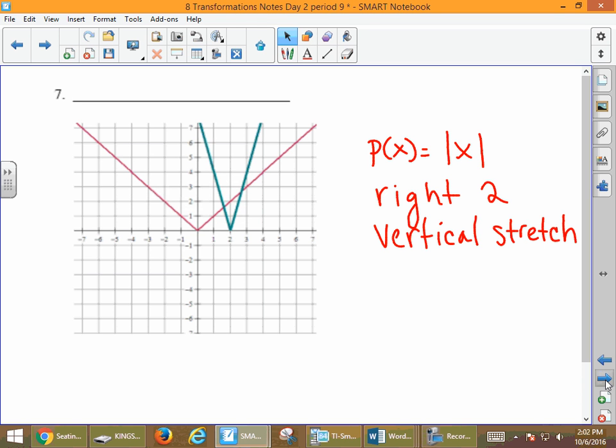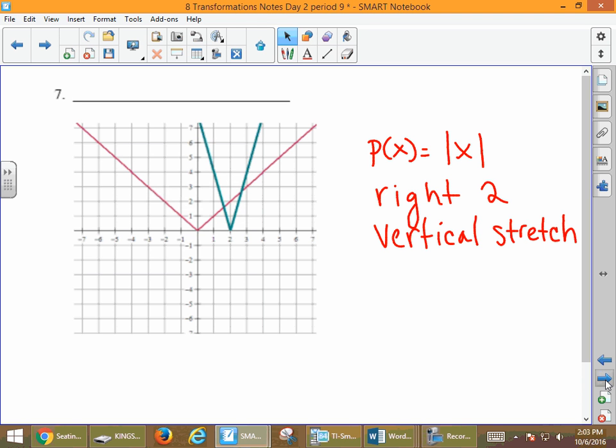It also compresses horizontally. So if you go this way, not only does it impact this way, but it also impacts the horizontal. But I think it's easier to see in terms of the vertical stretch.